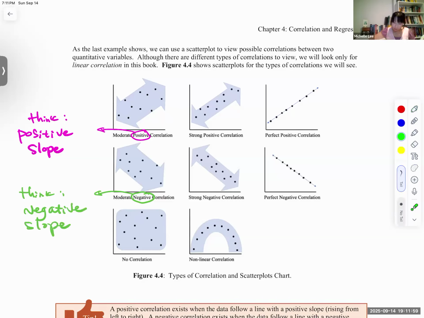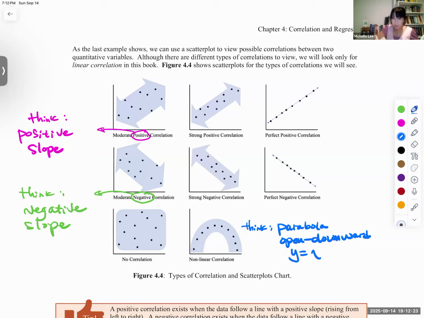Okay, so this one looks like a parabola opening downward, right? Like y equals x squared.